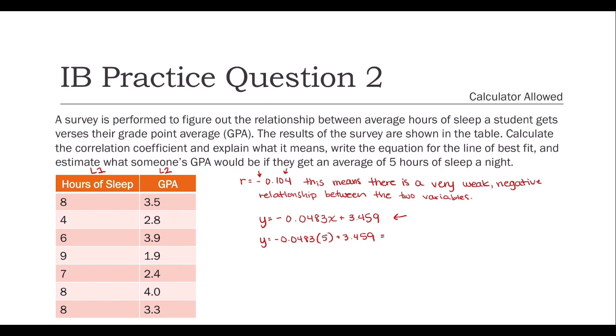So that would equal 3.2175. So someone who gets an average of 5 hours of sleep a night would likely have a GPA of around 3.2.